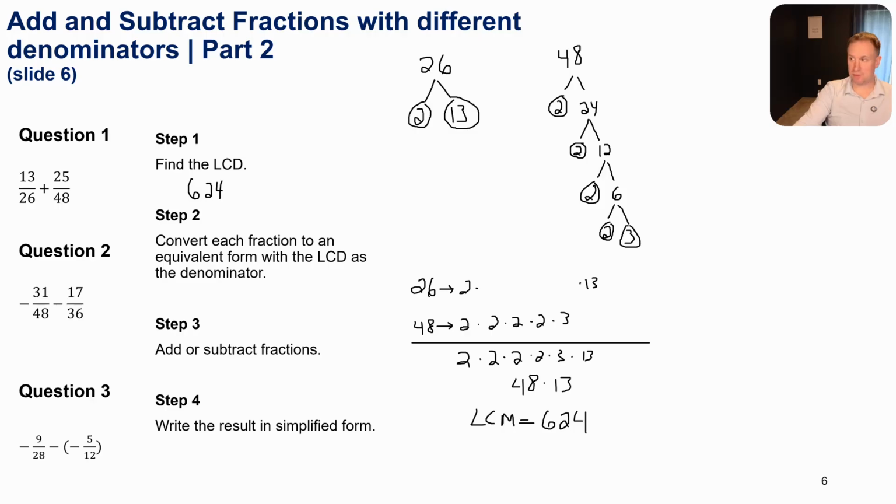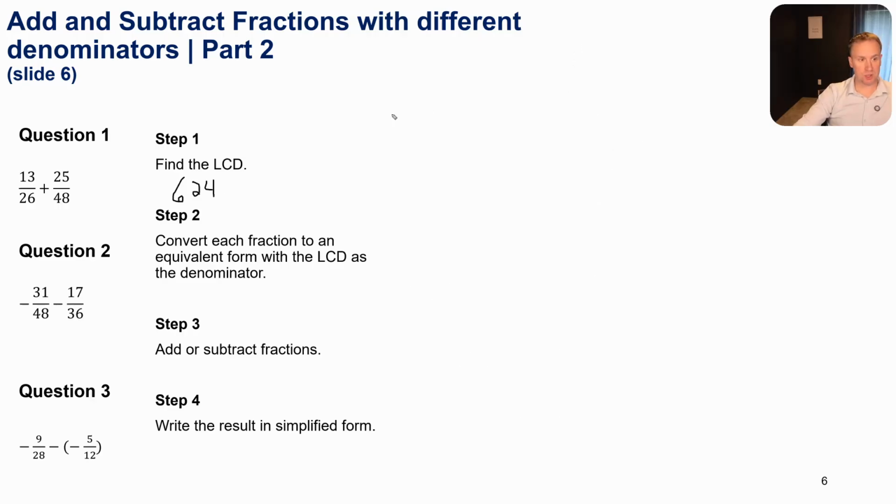All right, so let's go to step 2. So step 2, we're going to convert each fraction to an equivalent form with the LCD as the denominator. So we have 13 over 26 and 25 over 48. So how you can attack this problem is you can do a little bit of guess and check, probably some scratch work where you round these. So for example, for 48, you might round to 50, and then you might say, okay, how many times does 50 go into 600?